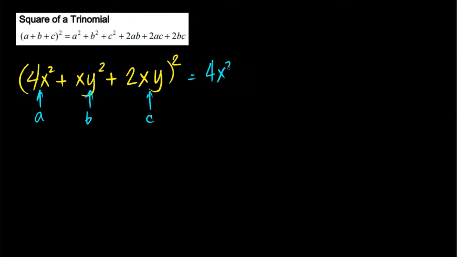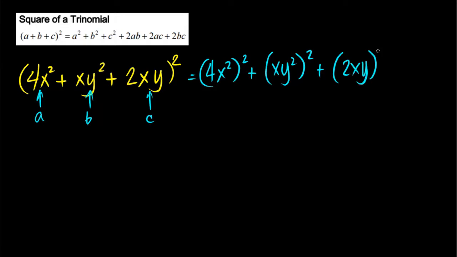So 4x squared squared plus B squared kuno dayon. So xy squared squared plus c squared. So, 2xy squared. So, humana si a squared, b squared, and c squared.